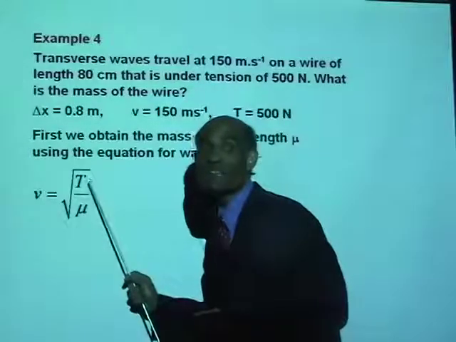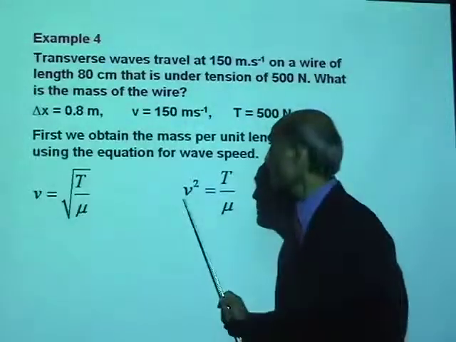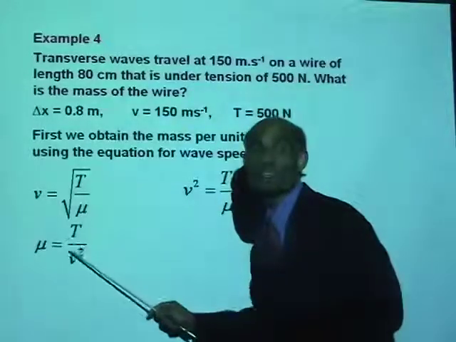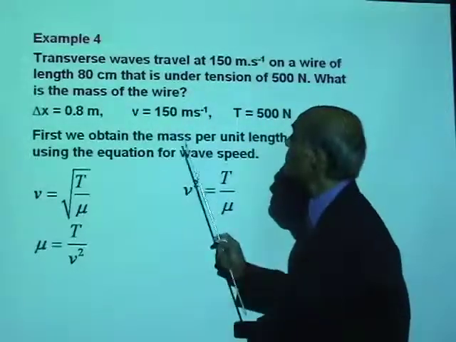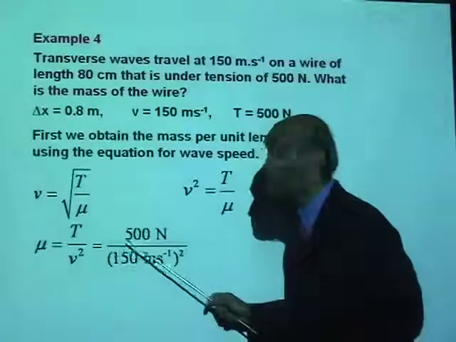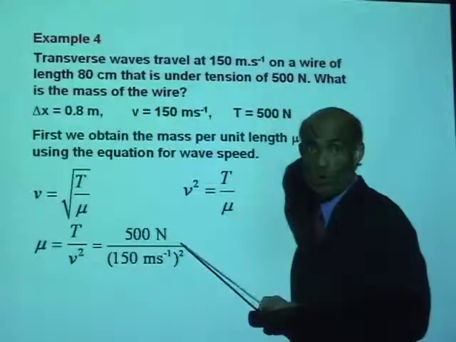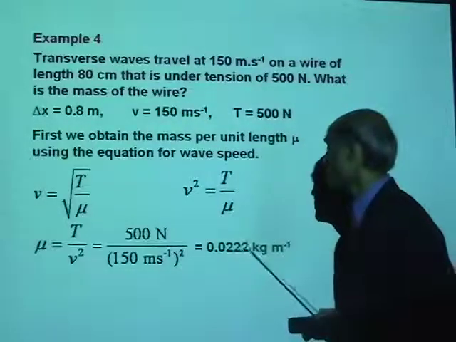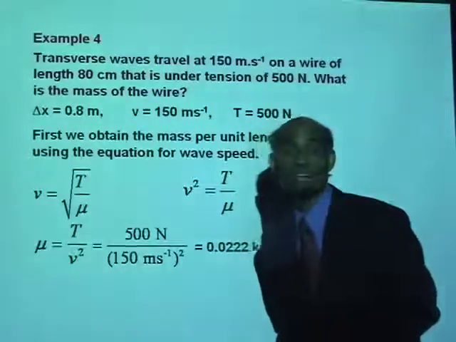Therefore, mu will be T divided by v squared. Let's use those values. v is 150, T is 500. That will be 500 Newton divided by 150 meter per second squared, and that is 0.0222 kilogram per meter, the mass per unit length.